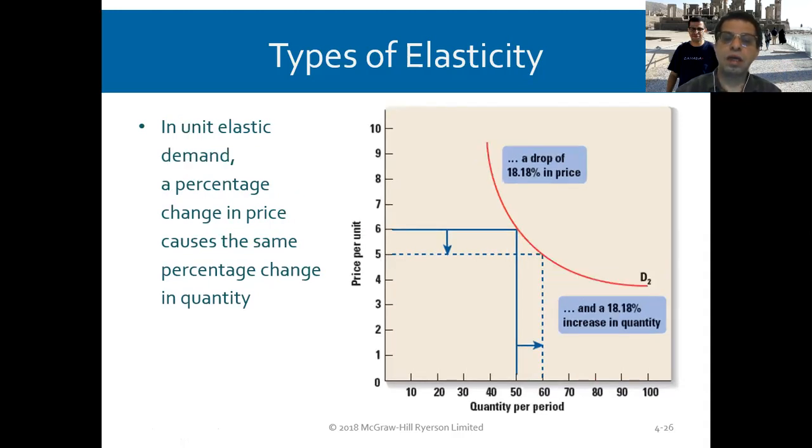Now, the types of elasticity, and you see why the shape is like this, kind of outward. If there is a negative, it's going to be inward, something like that. So in unit elastic demand, the percentage change in the price causes the same percentage change in the quantity.